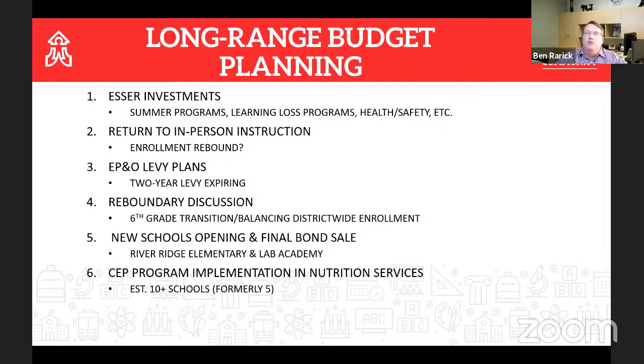And so part of this will be, to the extent that we make ESSER investments in some of these areas, can we rely on the legislature or the voters to help us sustain those investments, or do they vanish? Which seems unfair. Like if certain kids were in high school during that time and they got the robust, and then, it's a longer term equity consideration for generations of our students.